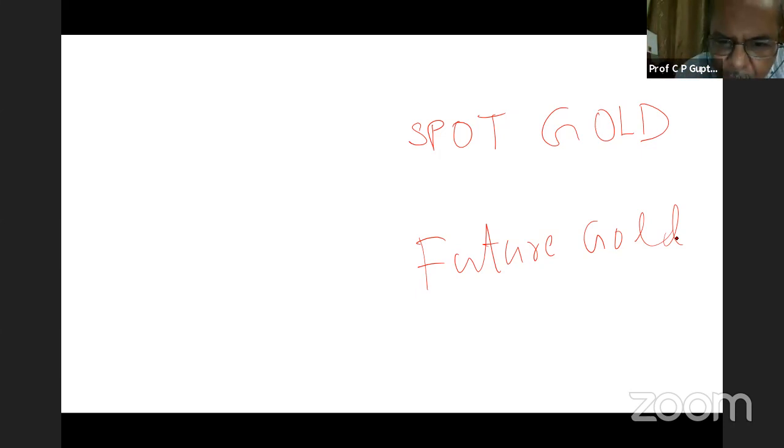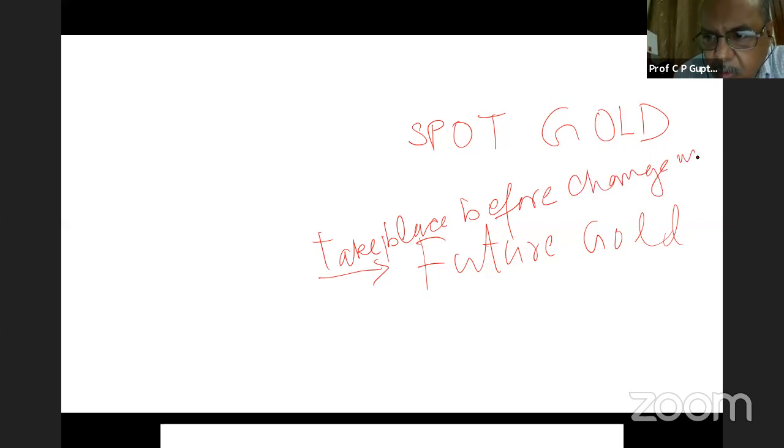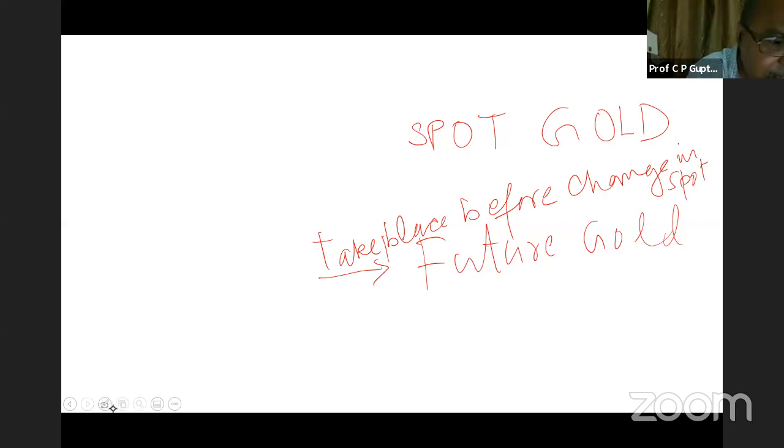So change in the future market takes place before change in the spot. Please understand the implication of these words. Change in the future market takes place before the changes in the spot market. Okay?